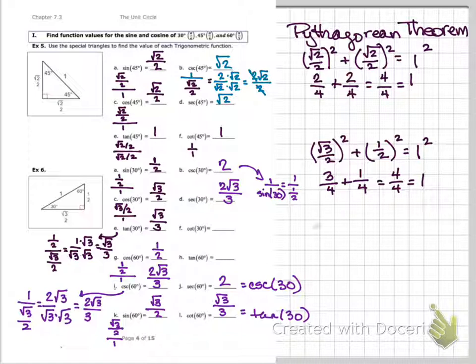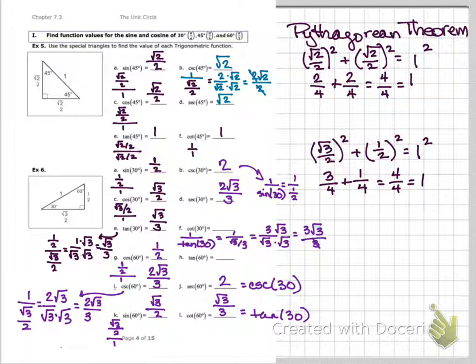So tangent of 30 and cotangent of 30 are reciprocals. So I got 1 over tangent of 30 here. 1 over square root of 3 over 3 equals 3 over the square root of 3. We're going to rationalize that denominator.